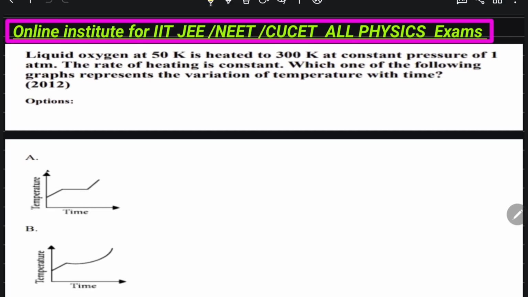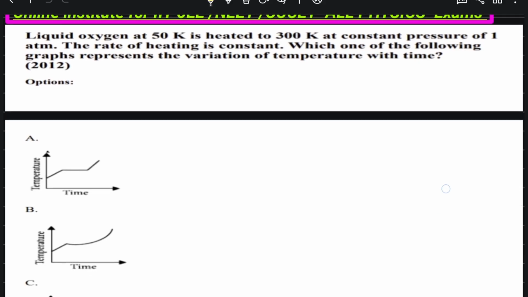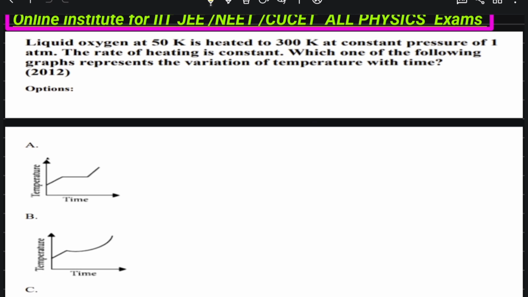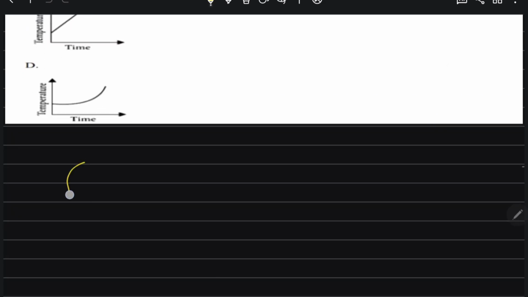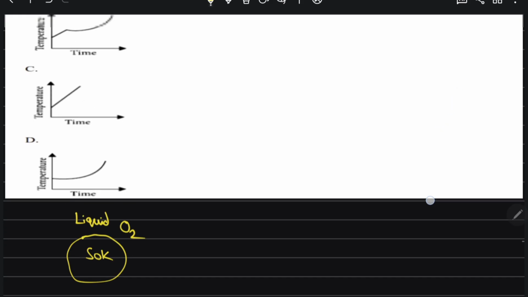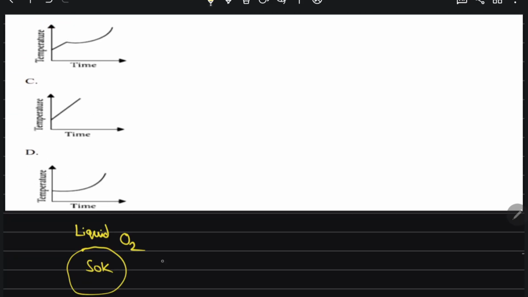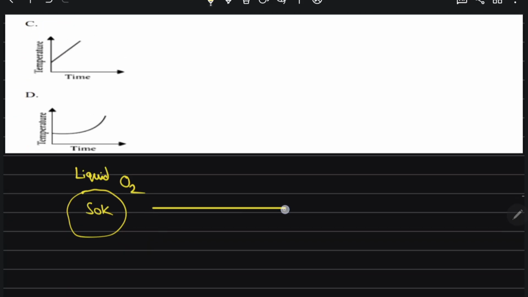This is our next question. Liquid oxygen at 50 Kelvin is heated to 300 Kelvin. So this is our liquid oxygen at 50 Kelvin, heated to 300 Kelvin. So what is going to happen?